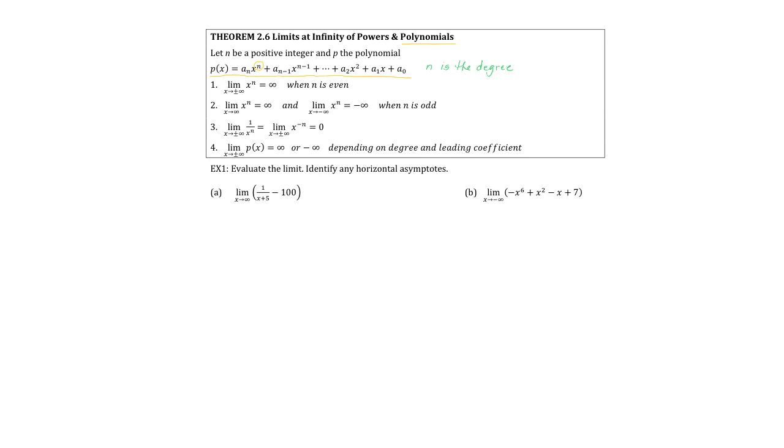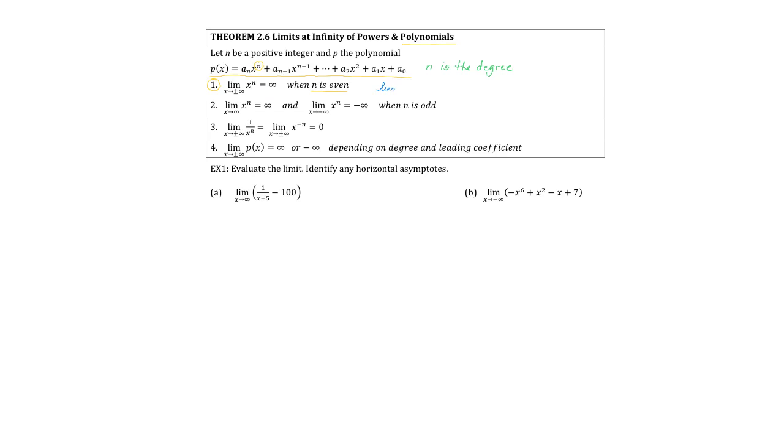So there's some properties to this theorem 2.6 when you're looking at polynomials. The first is, if n is even, then when we look at the limit as x goes to negative or positive infinity, it will always be equal to positive infinity.